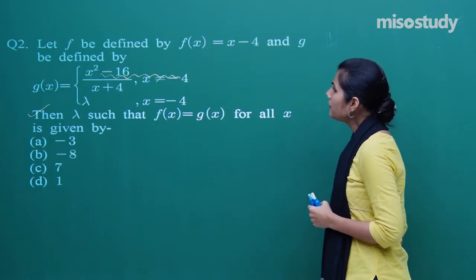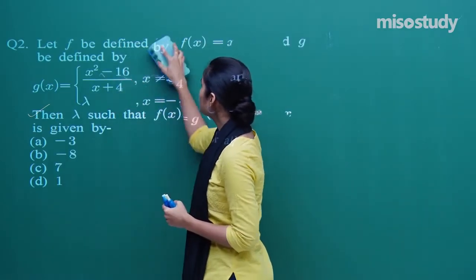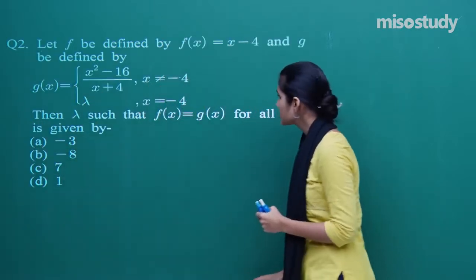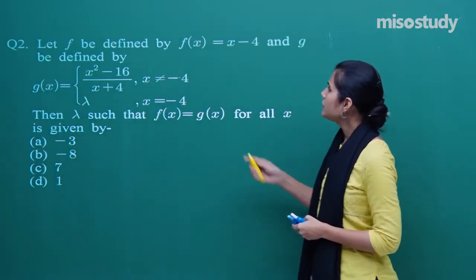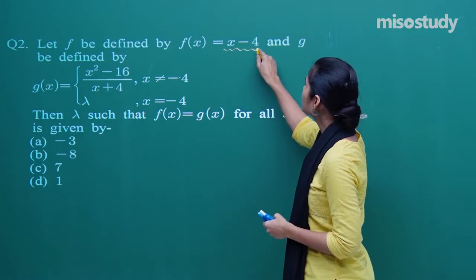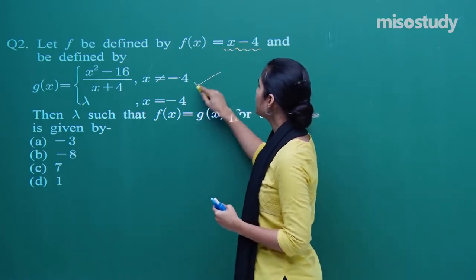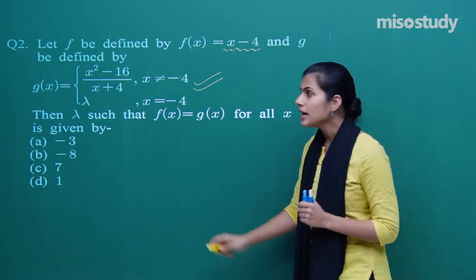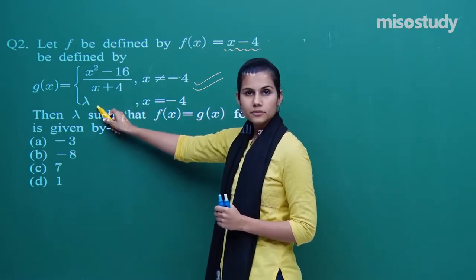Well, question number 2 in this case is trying to basically tell us something else about functions. It is saying, suppose f is defined by x minus 4, g is defined by this particular detailed format, wherein this lambda value that you can see means what?